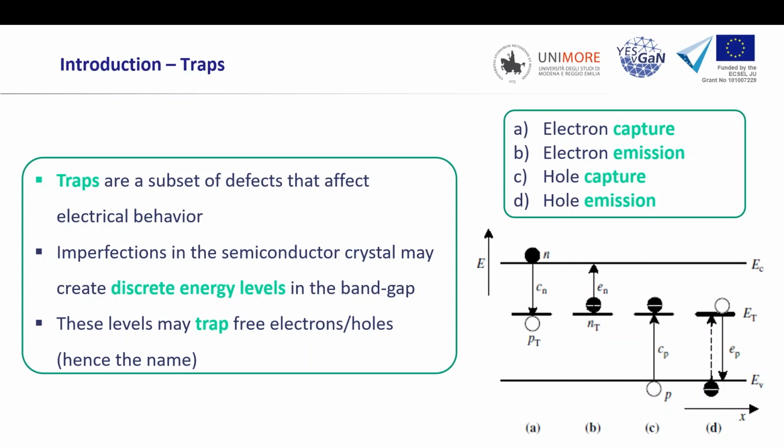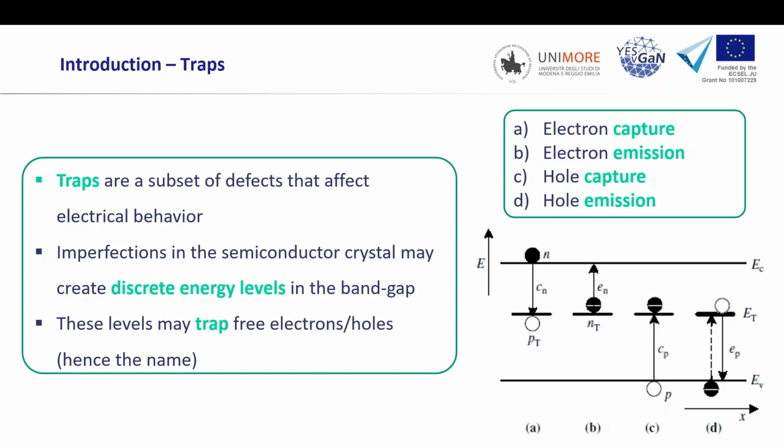In general, we say that for these defects to be relevant from an electrical point of view, they need to be located in the forbidden band gap, so that they will exchange carriers with the conduction band or the valence band, depending on where they are located.